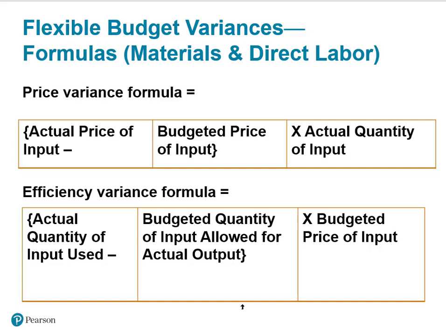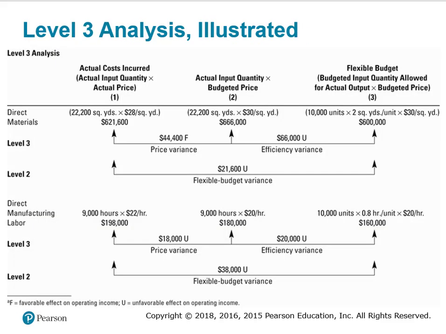If we actually use 48 pounds of plastic, that element of the formula would be 48 minus 44. If we made 10 units and each required 5 hours of direct labor, we would expect to have used 50 hours of direct labor. If we actually use 55, that element of the formula would be 55 minus 50. Okay, actual minus the budget.